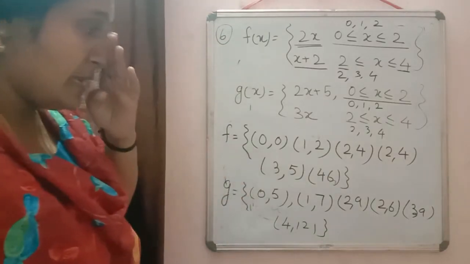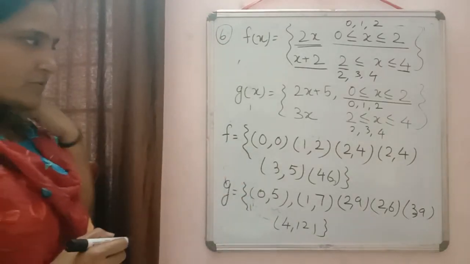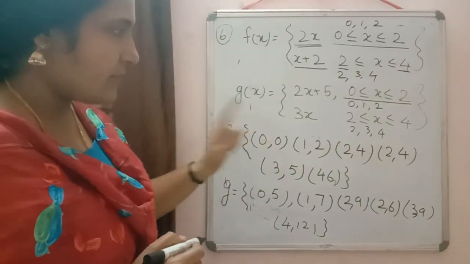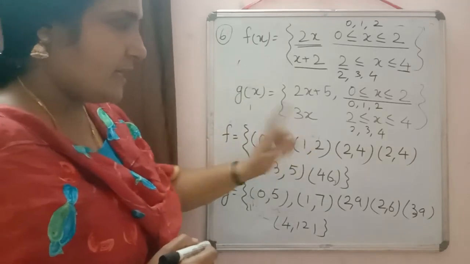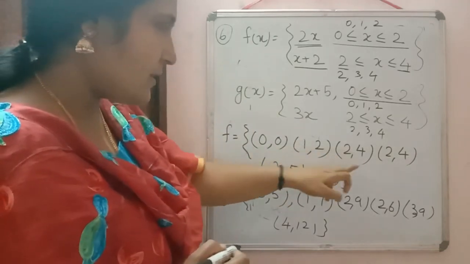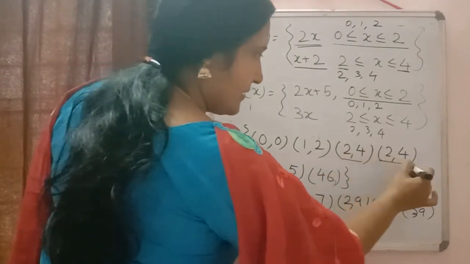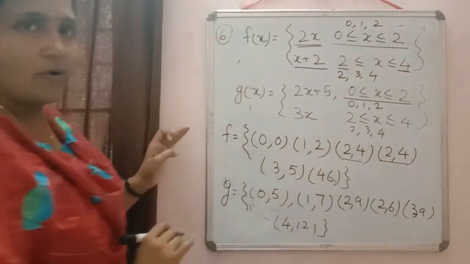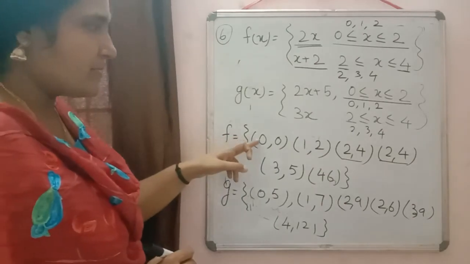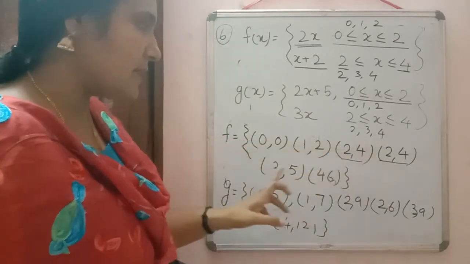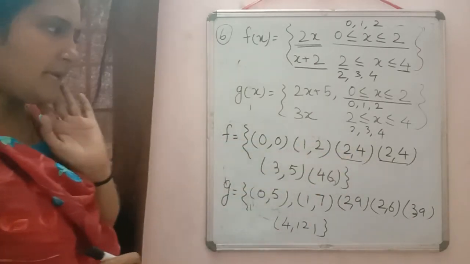So here are the elements which we have. Just to check, 0 is related to 0 only. 1 is related to 2 alone. 1 is not related to any other element. Here also the same elements are there. 2 is related to 4 only. So all the first elements are related to a unique element.